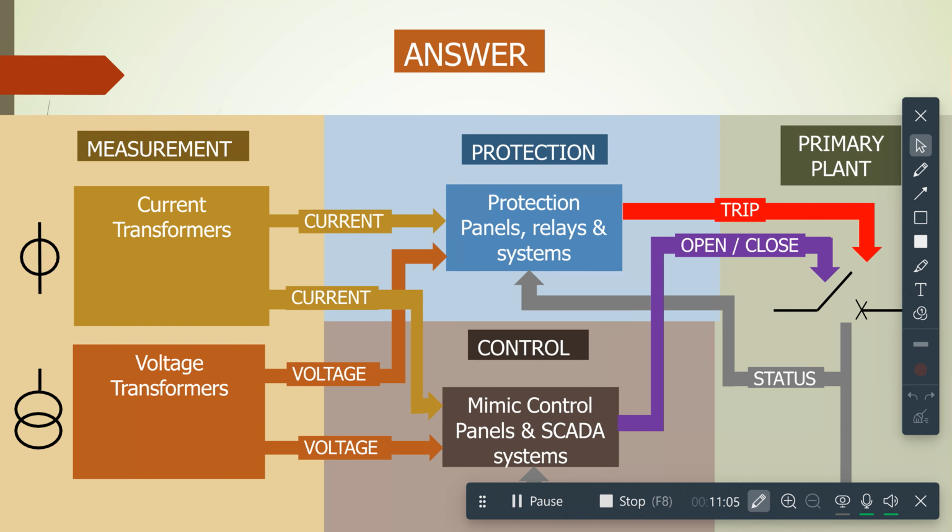The actual interaction between the measurement, protection, control and primary plant systems is obviously unique to each substation, but it's clear that all four systems work as one complete system. The complexity of these connections increases as the system voltage increases.